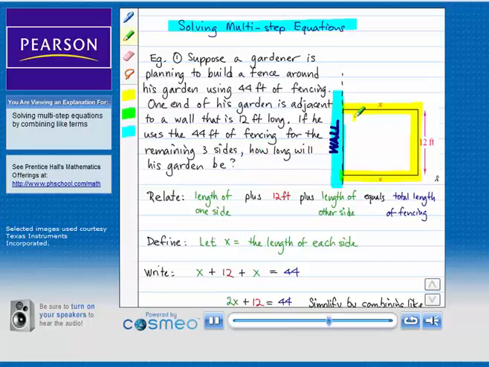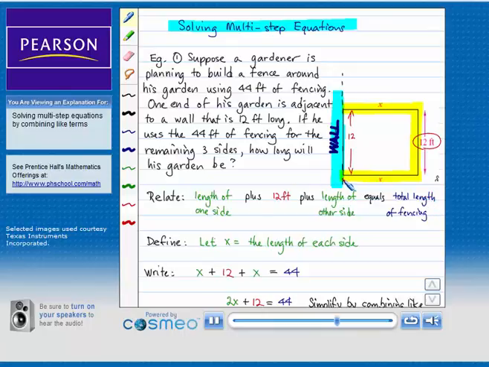Well, you'll notice that if he is building his fence in a rectangle and he has one wall that's 12 feet long, then of course the opposite wall or the opposite fence for his garden is going to be 12 feet long as well. So I know one of the dimensions. What I don't know then is the length of his garden. So what I need to do is begin by relating the problem into words that express what's going on.